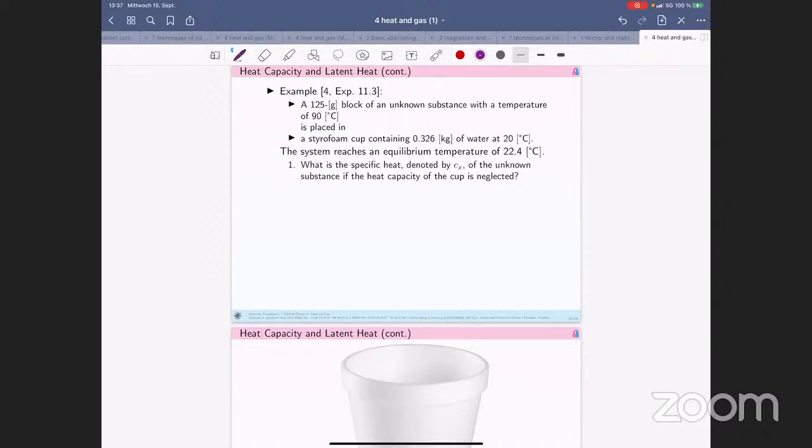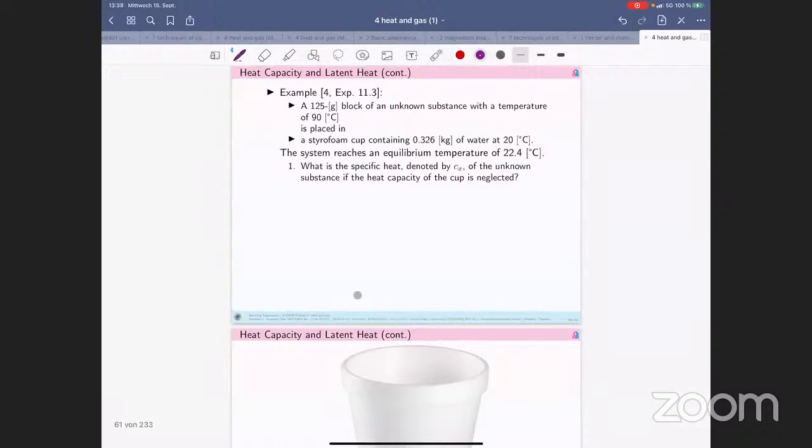Each material has its own initial temperature, and you put different things into a single holder. Of course they will transfer heat or energy to each other, and in that situation we are going to find the final temperature.